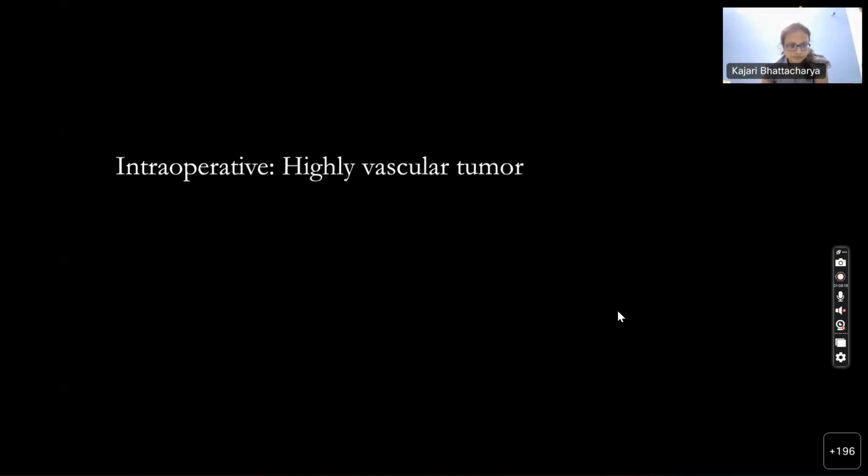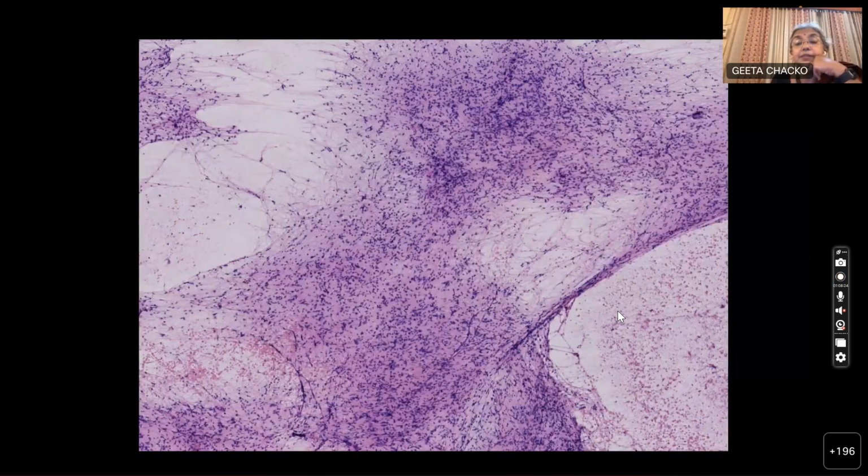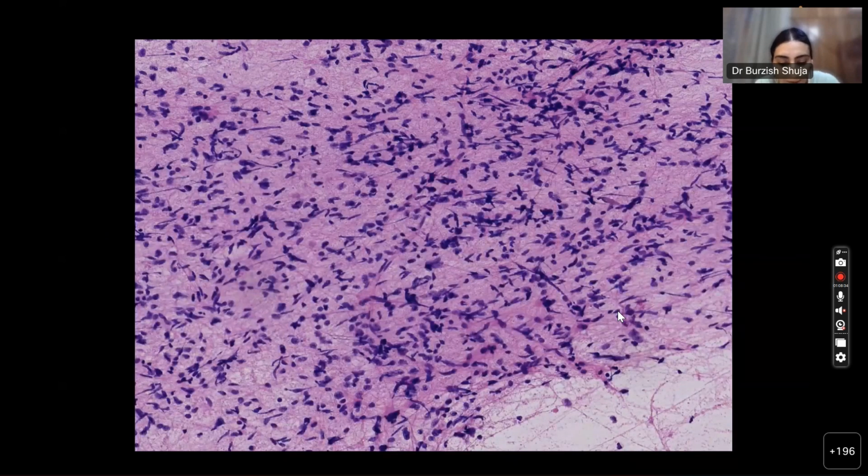Thank you. So it was a highly vascular tumor at surgery, and this is the smear preparation. It's a hypercellular smear revealing sheets of cells without any particular arrangement, having fibrillary processes.